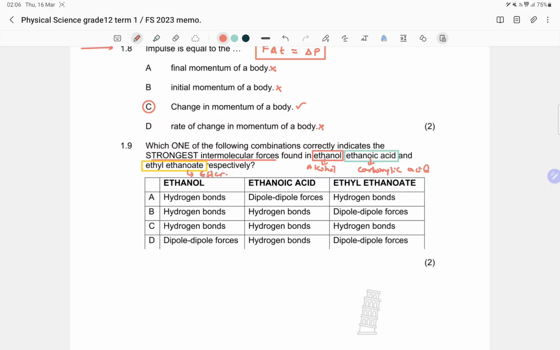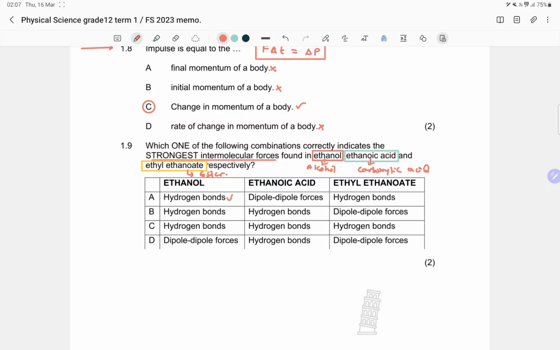Now we know that ethanol, which is an alcohol, and carboxylic acids have the stronger dipole forces called hydrogen bonding, which is not a true bond itself, but because it's so strong, it is almost as strong as a bond.